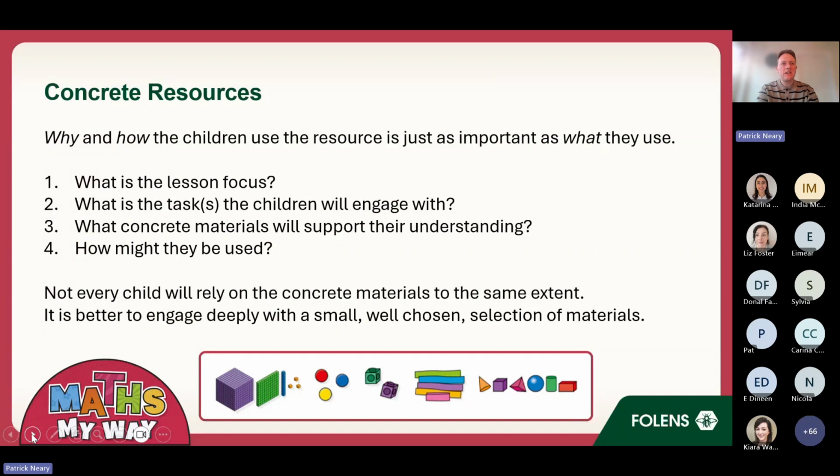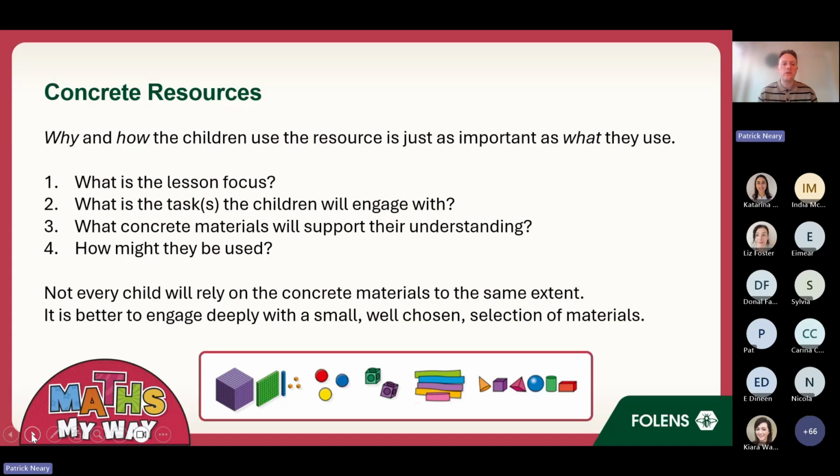So we've spoken about mathematical modeling now for a fair bit, near 20 minutes already, without touching on concrete resources. And that is quite deliberate, because concrete resources are really important in maths, but they aren't the be all and end all.